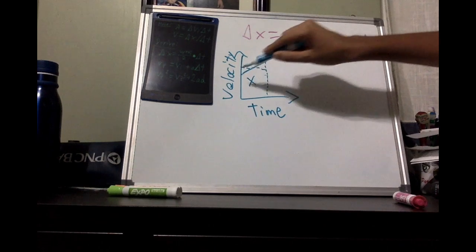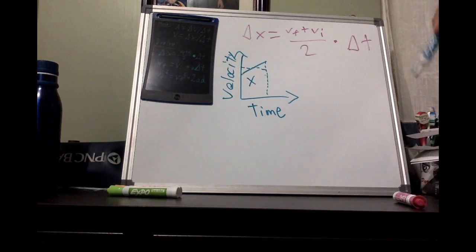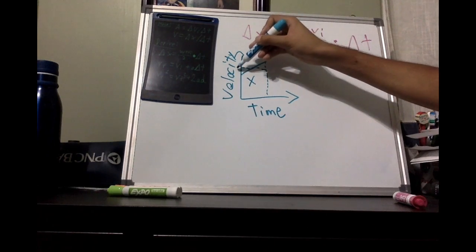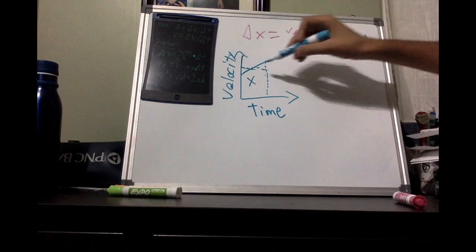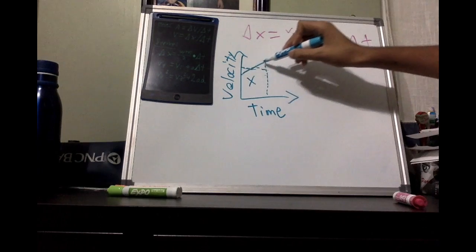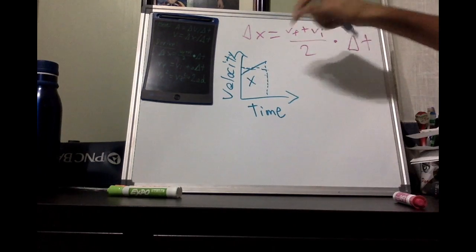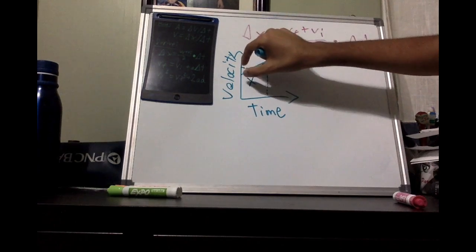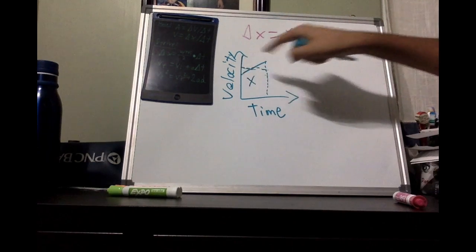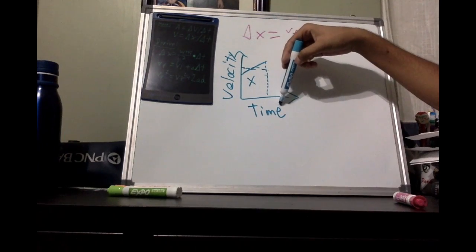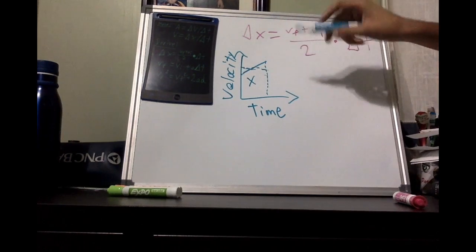We need to make this slant straight. And in order to do that, we need to know what that point is, because that's going to be the velocity for that. That point is the average velocity of all of these velocities over the time. That's how we put this guy over here into that little hole. Then we're going to have a rectangle, and we can just multiply time times velocity.